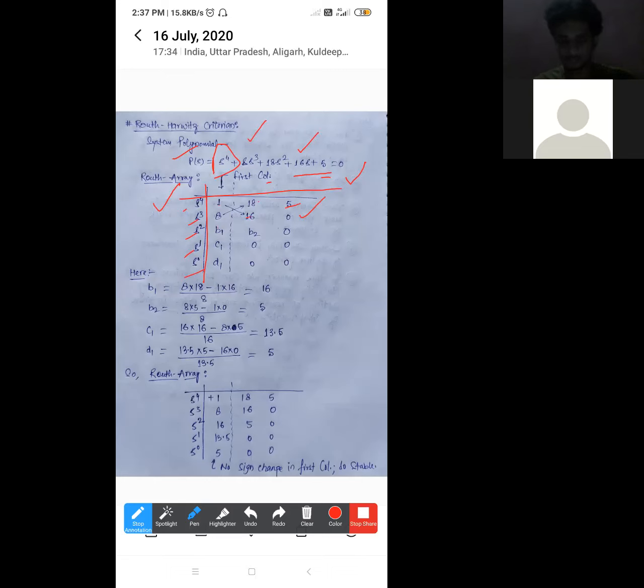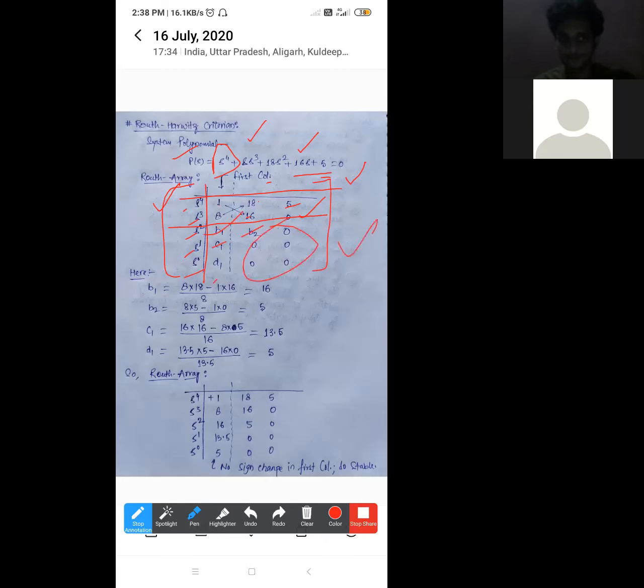After these two rows, we calculate the rest of the rows to complete the Routh array. For that we have to calculate B1, B2, C1, and D1, and the rest of the elements are 0.